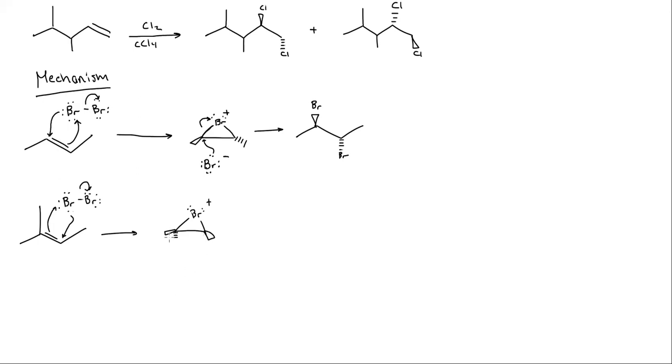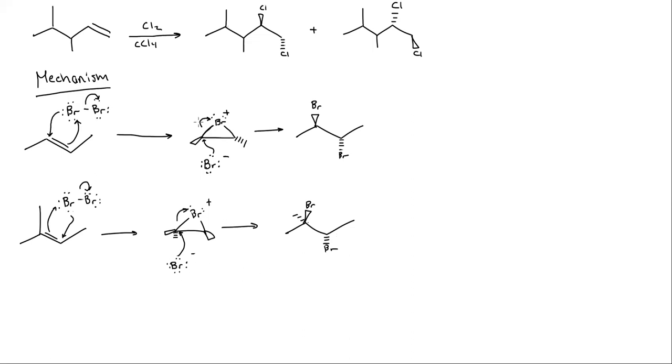That's my ring, and now this carbon is going to get attacked because it's more substituted. The bromine that's coming in is going to attack there because that's the more substituted carbon. So bromine attacks there, that goes up there, and I still get my product, which would look like this. Even though this isn't chiral, I'm writing it that way just for clarity. So this is my entire mechanism for this reaction.